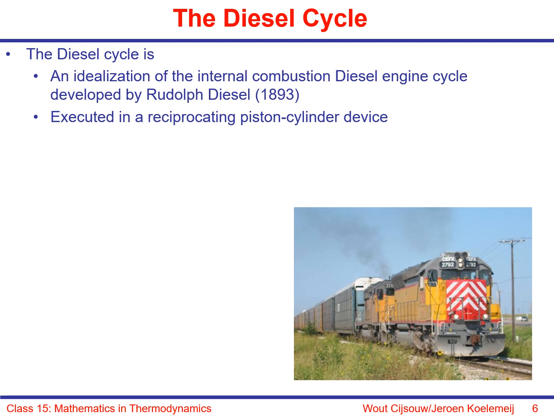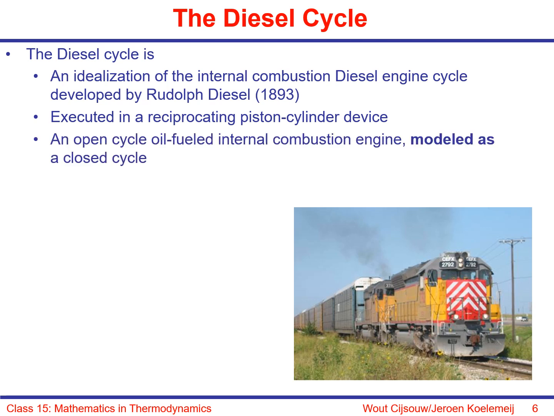The diesel cycle is executed in a reciprocating piston cylinder device like the Otto engine. It's an open cycle oil fueled internal combustion engine. Oil fueled means the diesel is actually diesel oil, or diesel olie as we call it in Dutch. And although it's in real life an open cycle, it's modeled as a closed cycle.